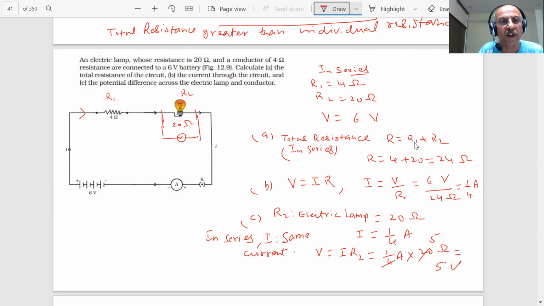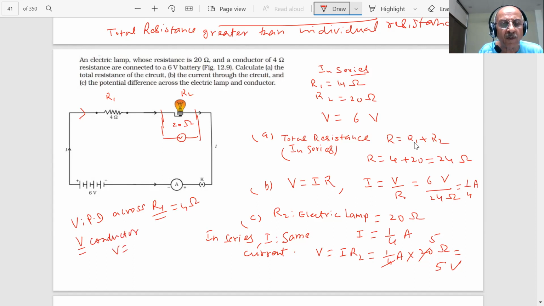And if you want to calculate the potential difference across R1, this is my V1. R1 is 4 ohms. What will be the V across the conductor?